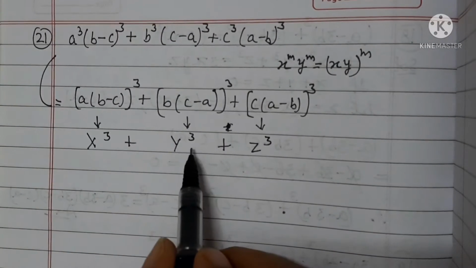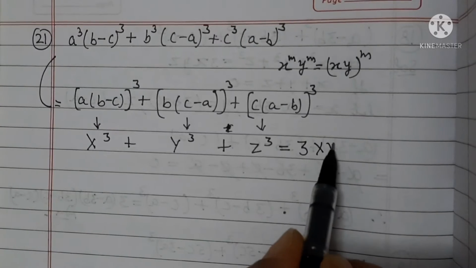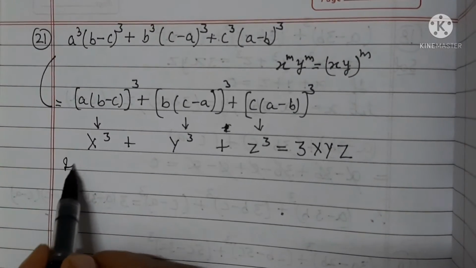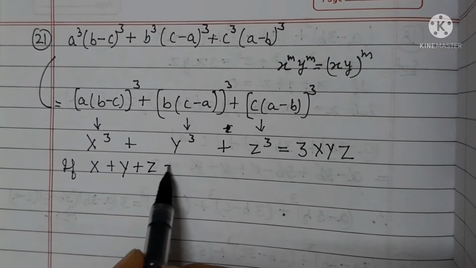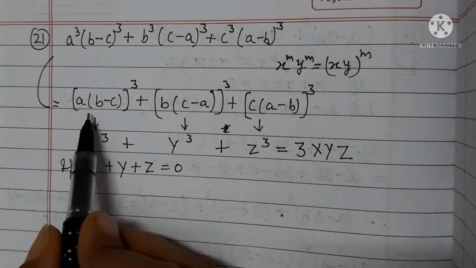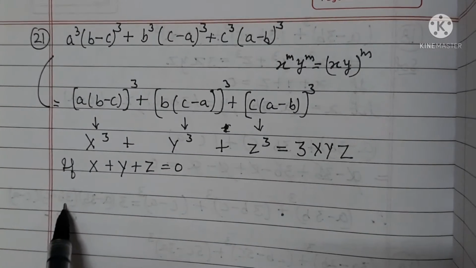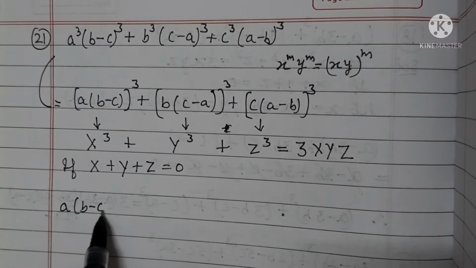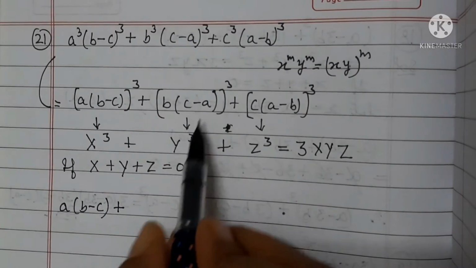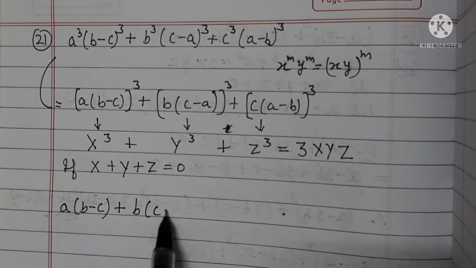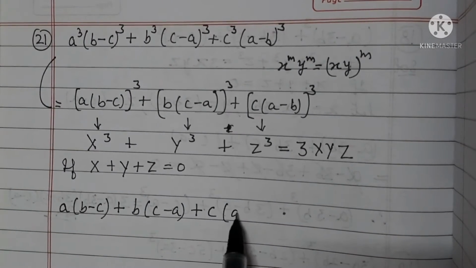So x cube plus y cube plus z cube is equal to 3xyz if x plus y plus z is equal to 0. So here we are taking x plus y plus z, means a into b minus c, this is x, plus this is y, b into c minus a, plus z, c into a minus b.